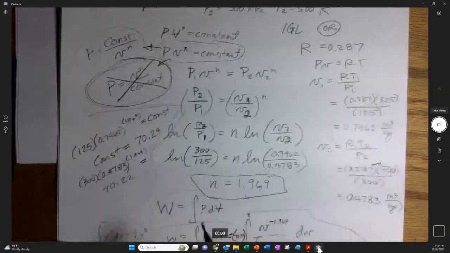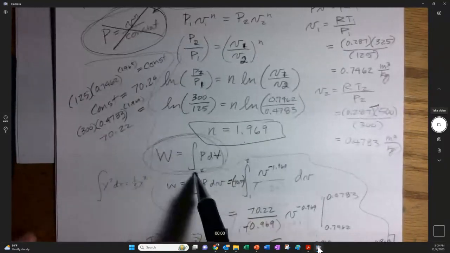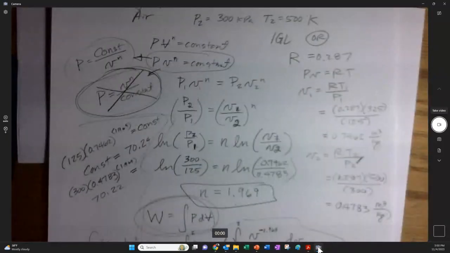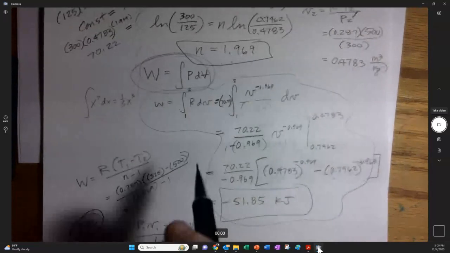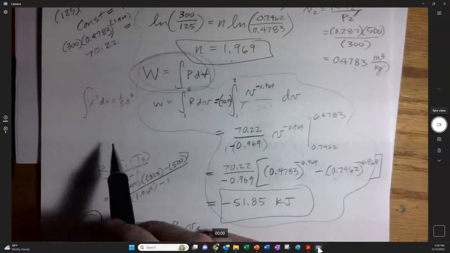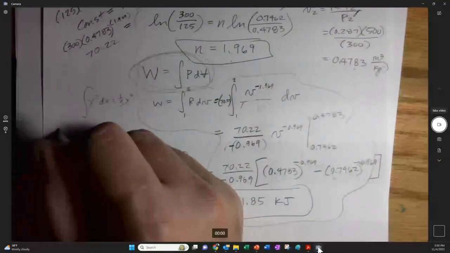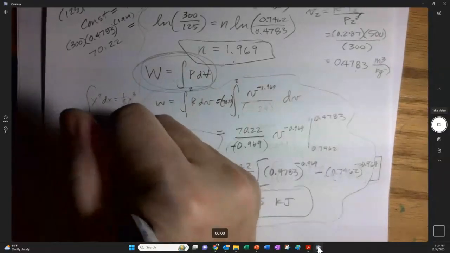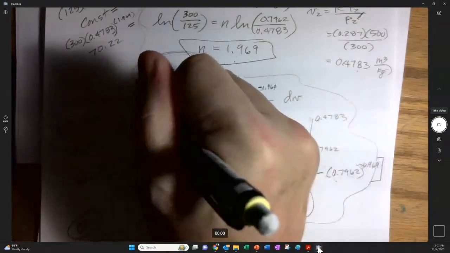But anyway, the important thing is this equation right in there. We want to be able to use that equation in conjunction with the first law equations. We didn't have to really use it for this one, unless someone had asked us about the heat. If someone had asked us about the heat, what we would use in a closed system would be U2 minus U1 is equal to Q1 to 2 minus work 1 to 2.